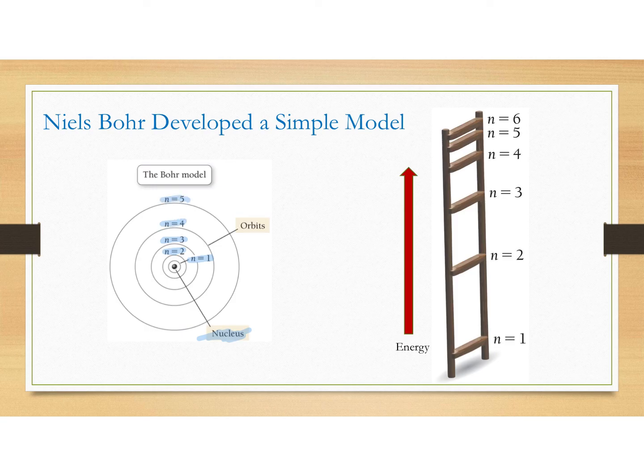So the electrons get further away from the nucleus as it goes out. In this representation of the ladder, at the n equals 1 level, it takes so much energy to climb from n equals 1 to n equals 2.